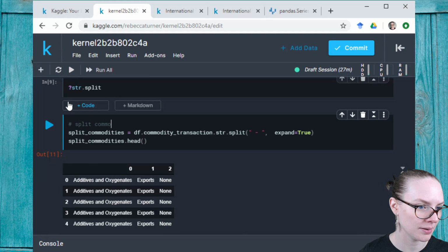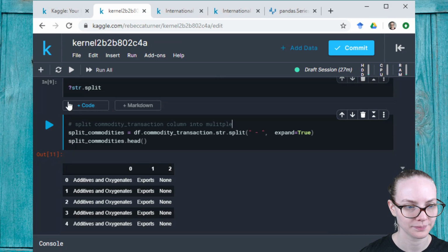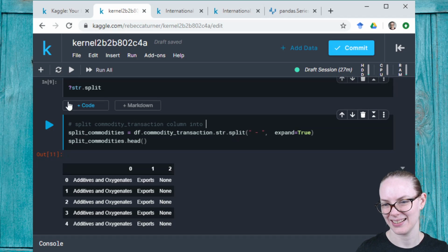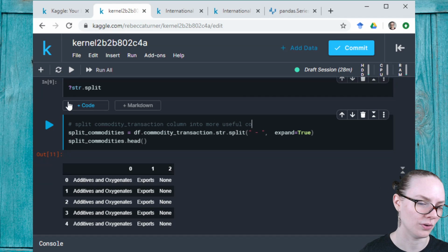Split commodity transaction column into more useful columns.